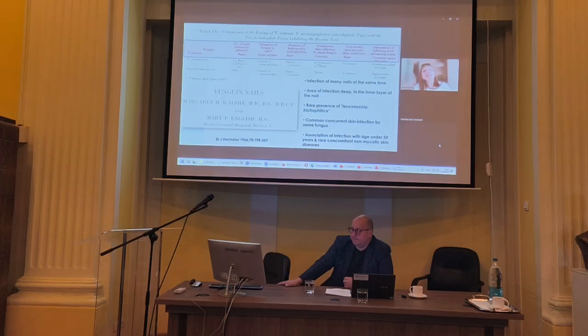This criteria comes from a very old publication in 1966, and as you see, if you have a Trichophyton rubrum infection, this is an infection of many nails at the same time. The area of infection is deeper, in the inner layer of the nail. There is a rare presence of Leukonychia trichophytica, and also we have common contoured skin infection by the same fungus.